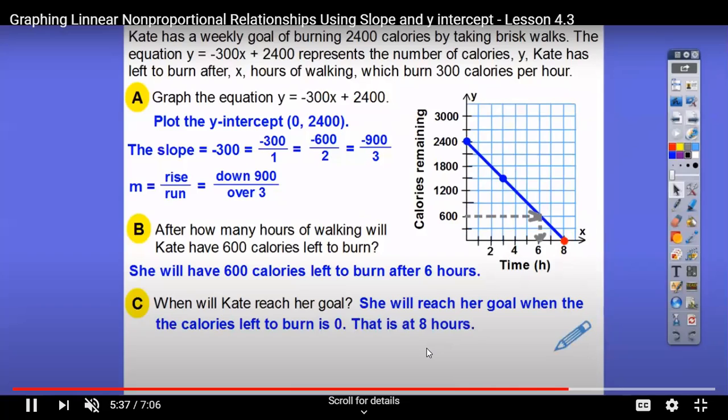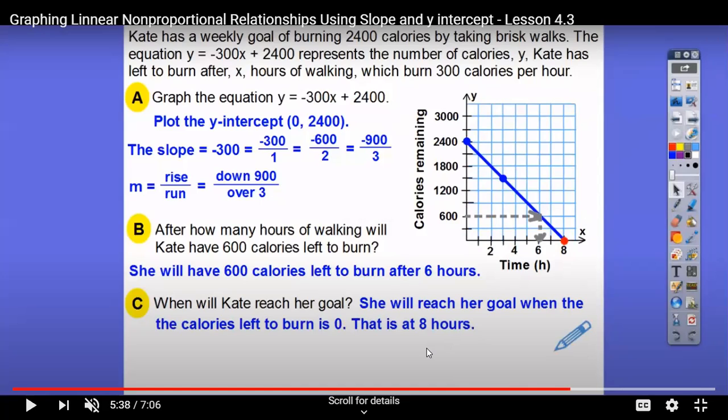Then, in this case, we can use this to represent a non-proportional relationship in real life. Because, as he said at the beginning, Kate has a weekly goal of burning 2,400 calories by taking brisk walks. This equation represents the number of calories Y Kate has left to burn after X hours.